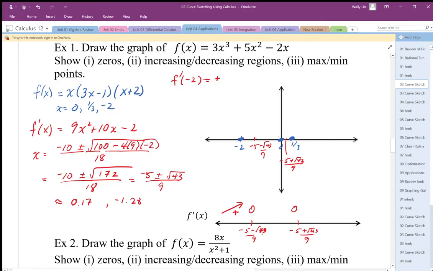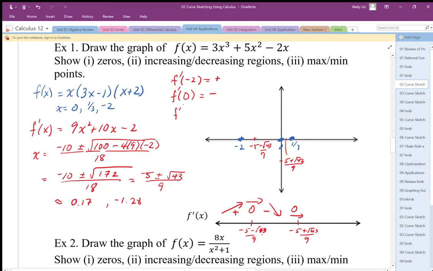Okay, I'm going to test my slope in between these two values here and here. So I'm going to choose a 0. That's going to be a nice easy point to calculate. I'll plug in 0 into here, and I get negative 2 as my slope. So I know that it's decreasing in this region here. Okay, that's going to end up being my minimum.